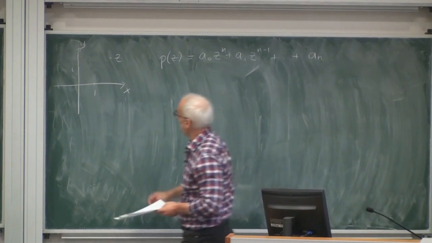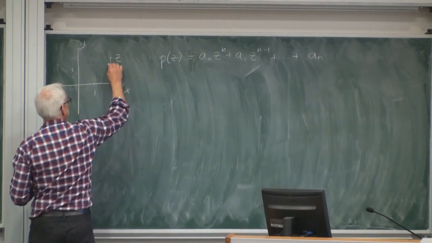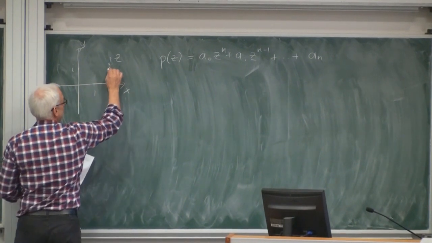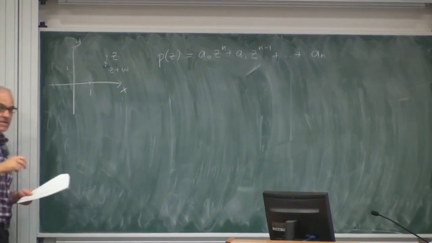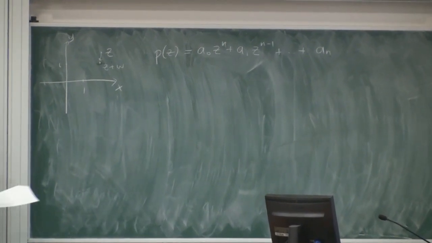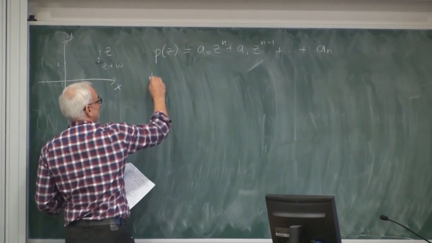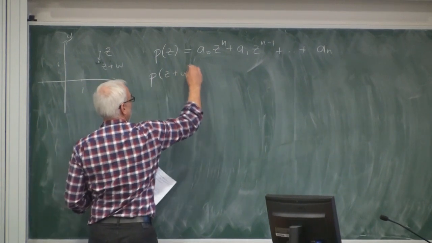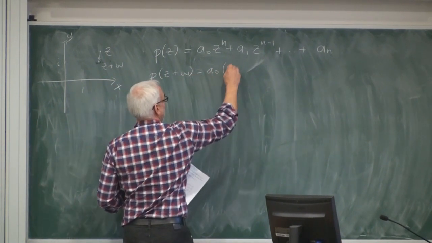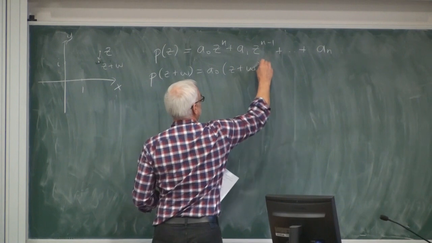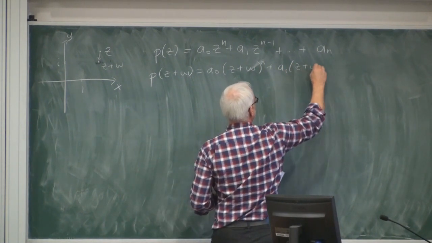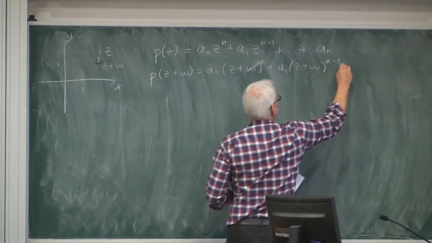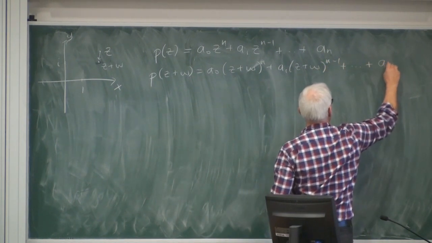And what we're interested in is what happens when we go to some nearby point, say the point Z plus W. So we're adding some small complex number W to Z. So P of Z plus W is A0 (Z plus W) to the n plus A1 (Z plus W) to the n minus 1 all the way down to the constant term.